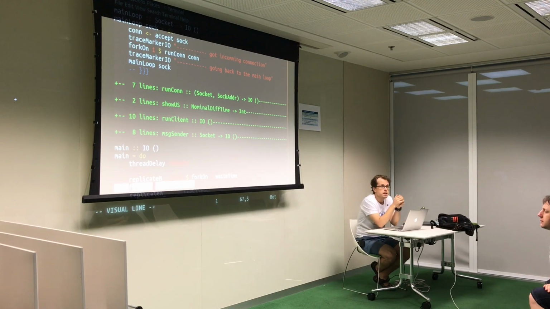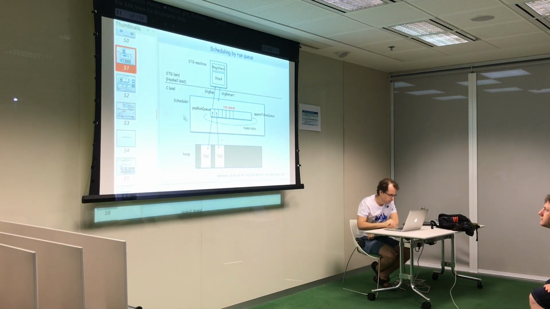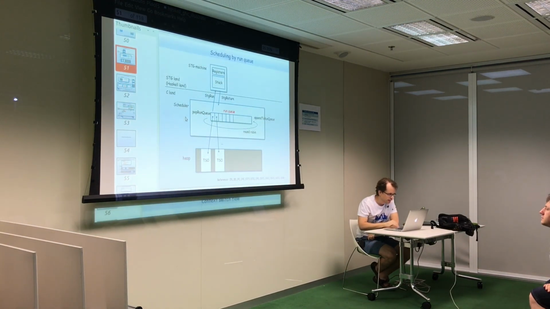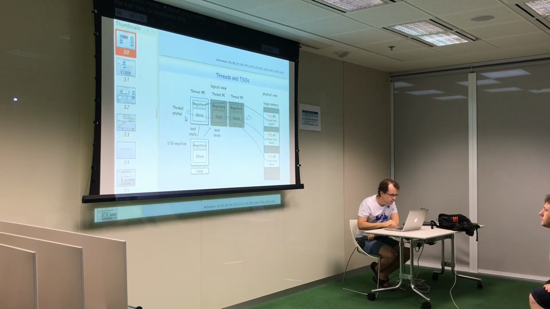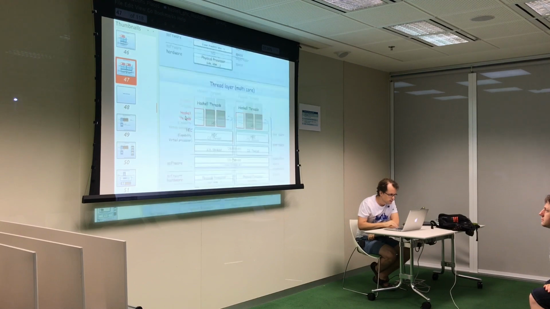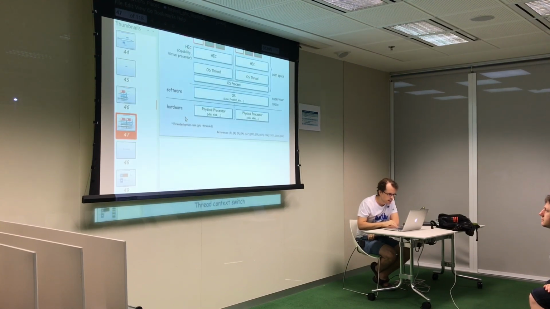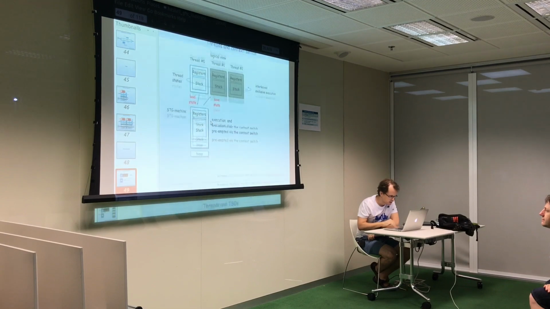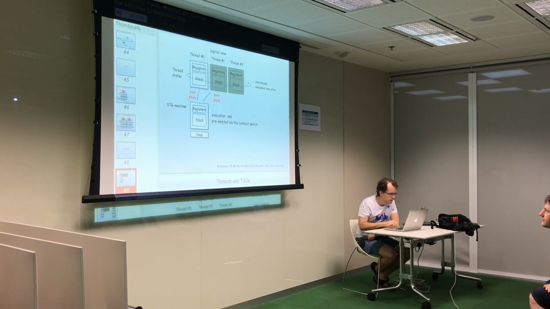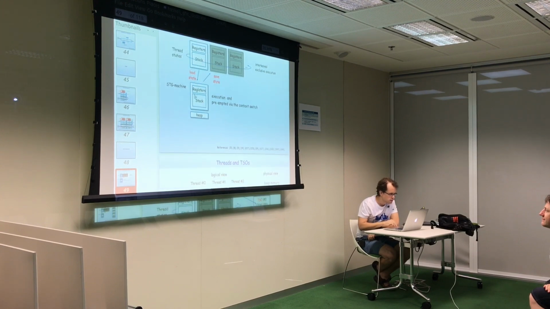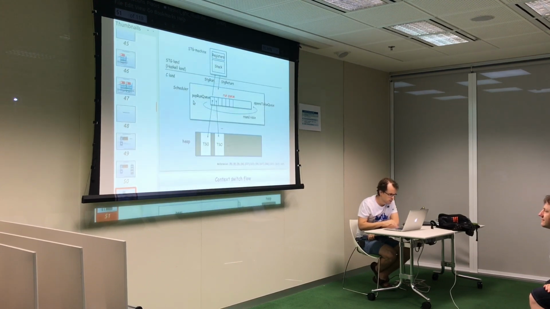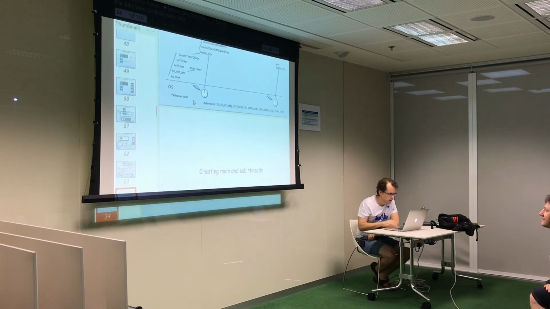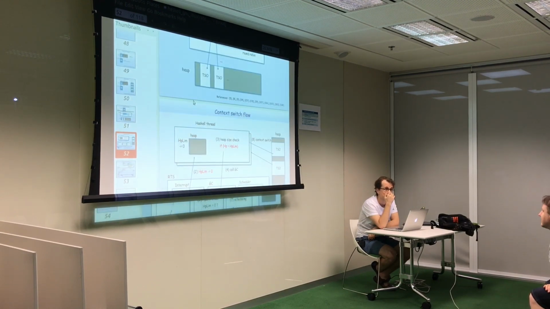So I made a change to this GHC scheduler. The thread state object contains a bunch of different fields: registers, pointer to stack, thread ID, some other stuff. I added 2 fields specifying the minimum and maximum capability number to run this on.